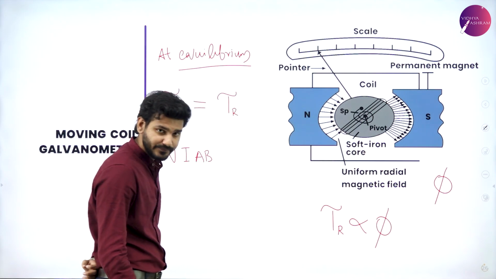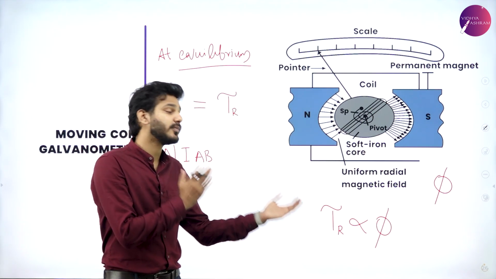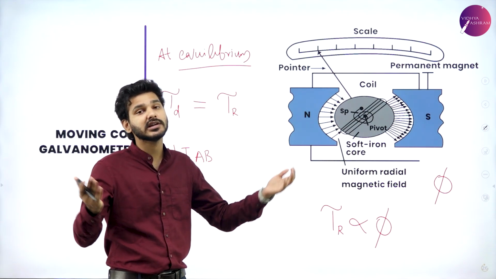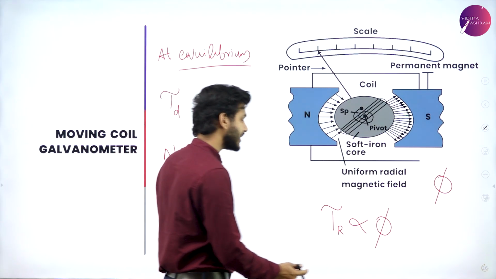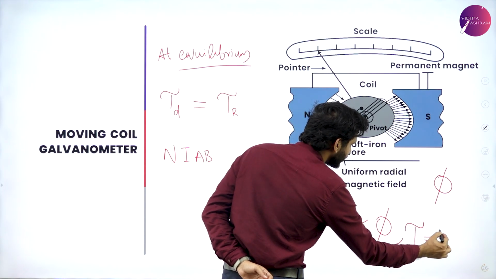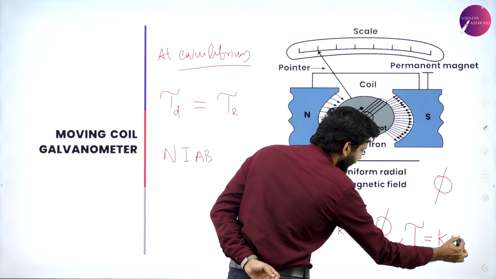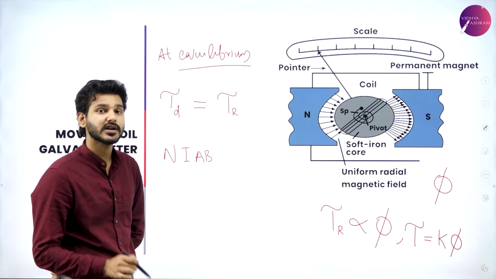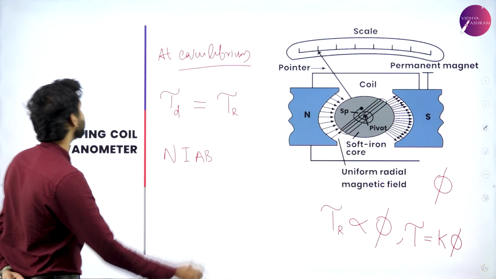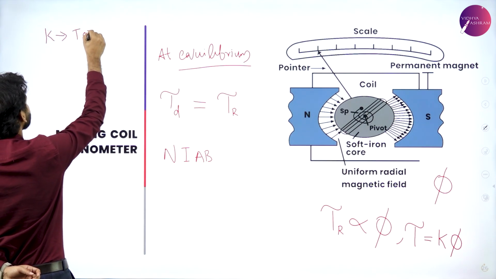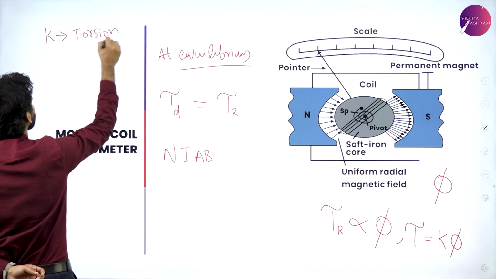that is phi. Now, whenever there is a proportionality sign just like that, we have to introduce a constant and make it into an equation. So we can write it as tau is equal to k phi. In this equation, k is nothing but the torsion constant.